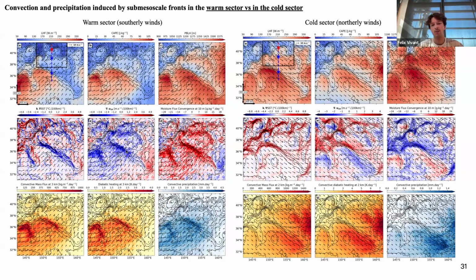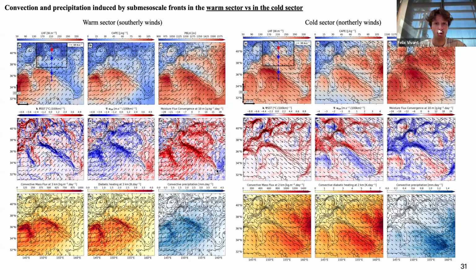But at the end, since the processes I described are nonlinear, even though we observe the same patterns at larger scale, frame by frame it's submesoscale fronts acting and amplifying the convection. As you can see here, for the 2 months mean, we observe a precipitation anomaly of 4 to 5.